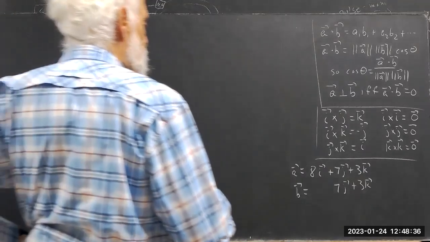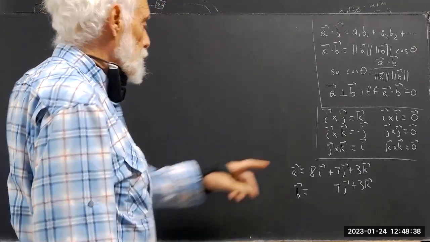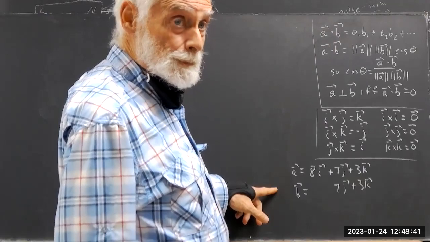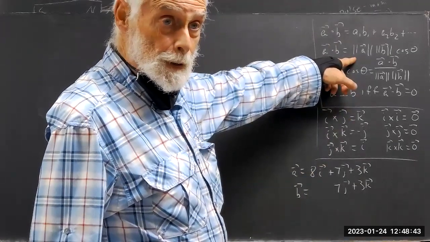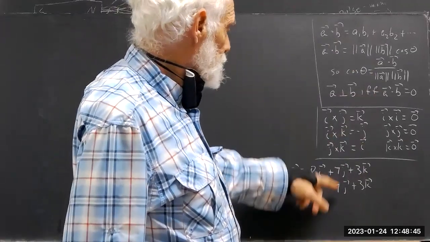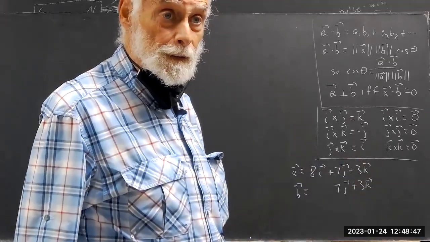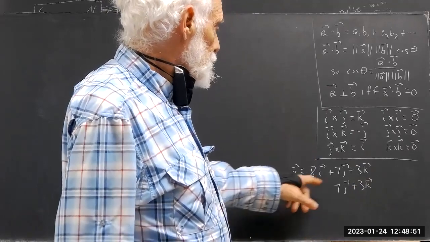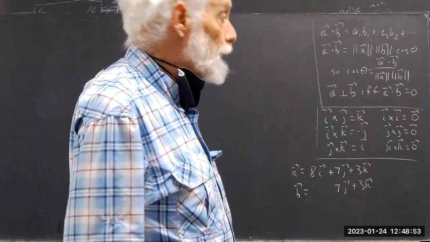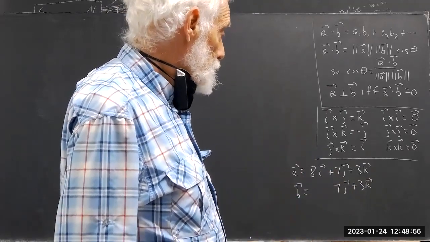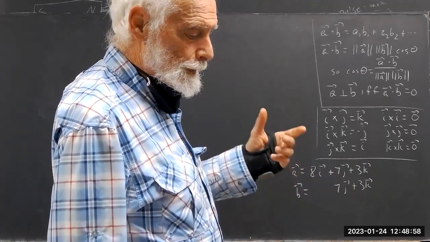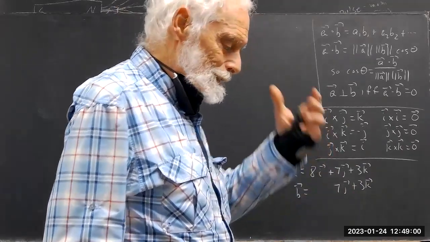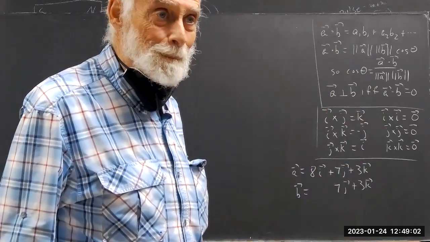Okay. Then I can find the angle between these two vectors very easily. Let's take the dot product. Dot product is 49 and 9, which is 58. Magnitude of this one, oh man, I'm gonna have to square things. 64 and 49 and 9, which is 64 and 58, which is 122.